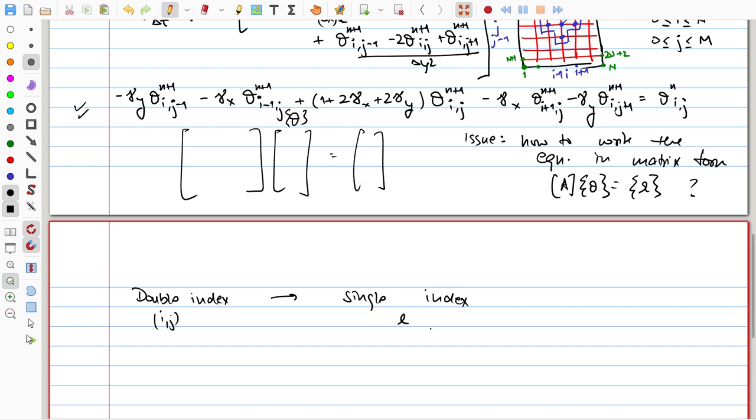So I'll define a single index L, which is the x index i value, because we are counting from left to right. But since we have gone up a couple of rows, we will multiply n plus 1 times j.